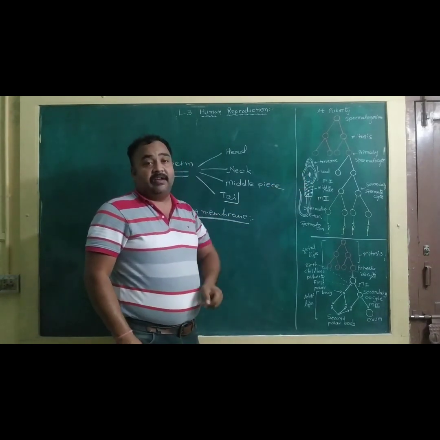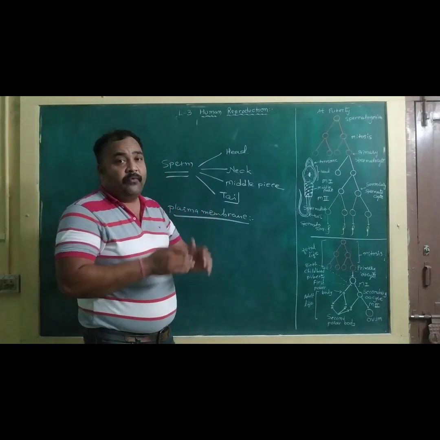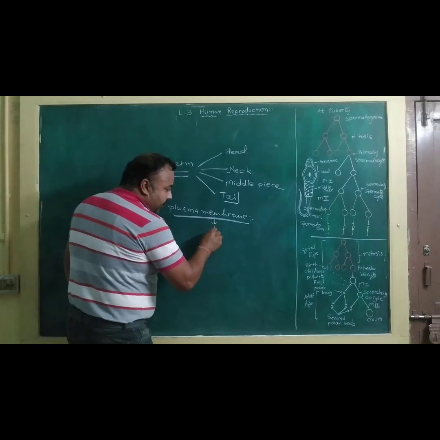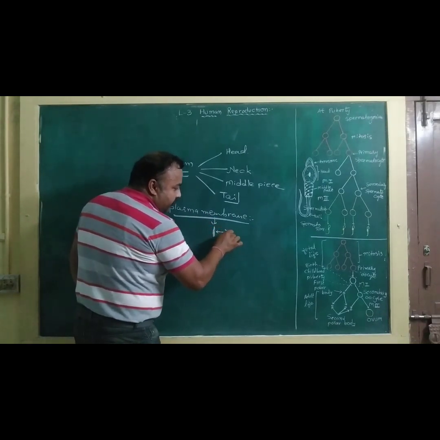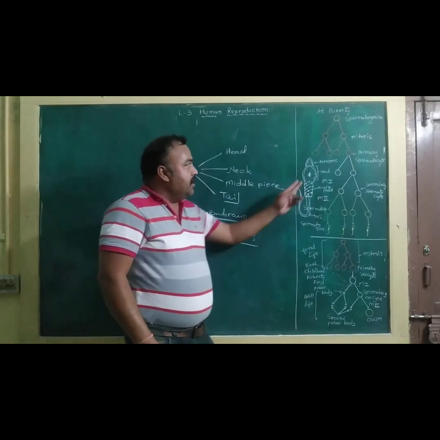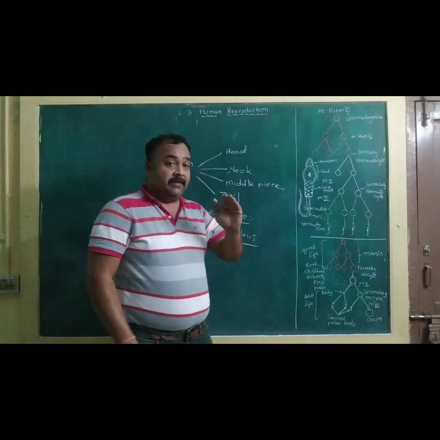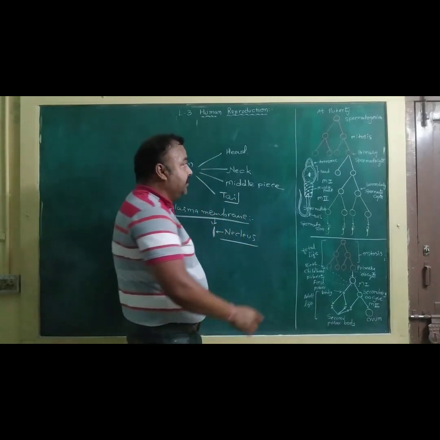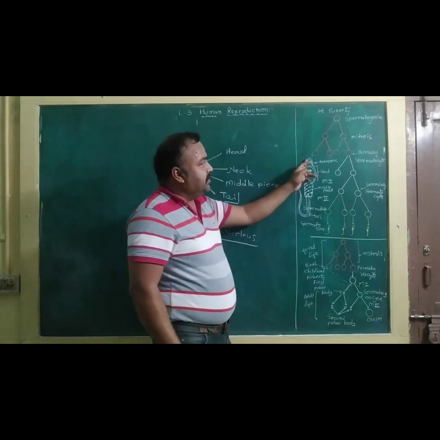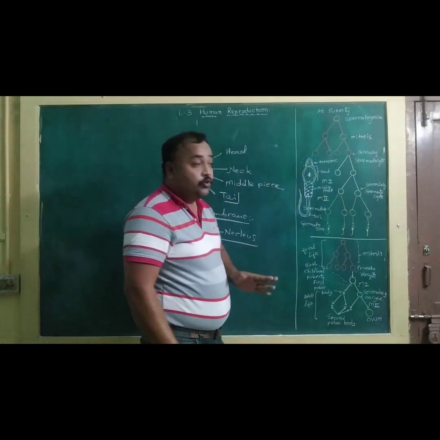The head region contains a well thickened, that means laterally thin, elongated nucleus. The tip of the head region is a cap-like structure, and this is known as an acrosome.